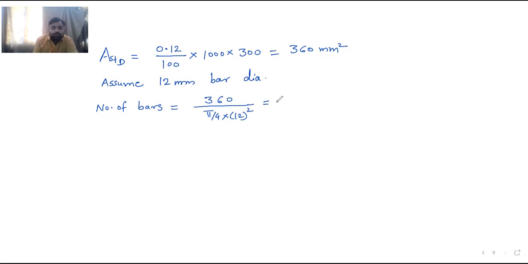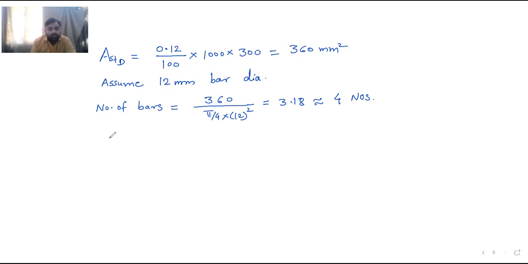In points, let me know the answer. 3.18, which is nearly equal to 4 numbers.